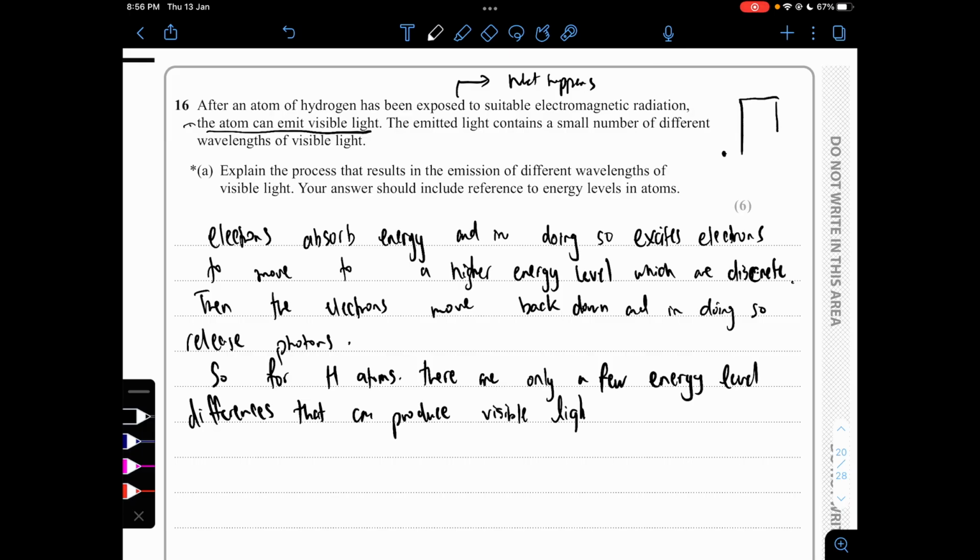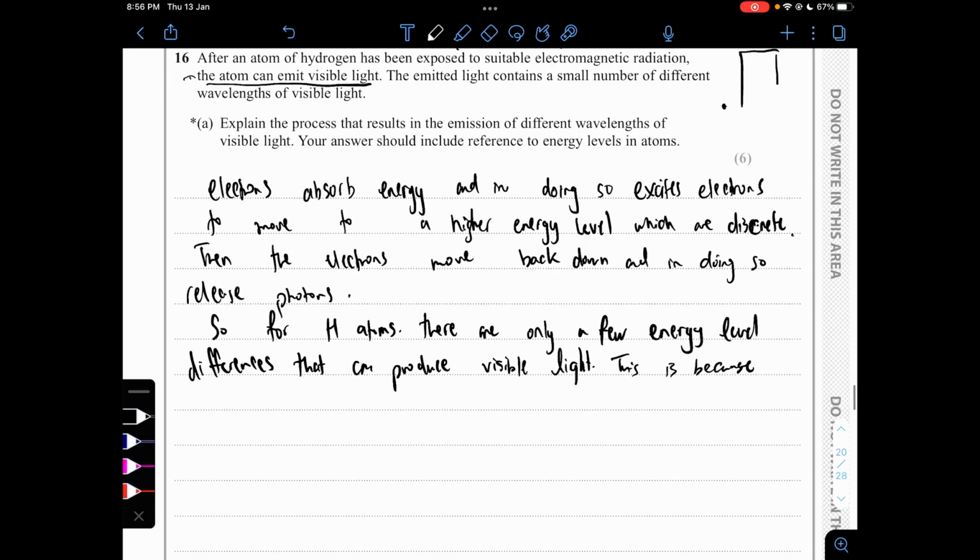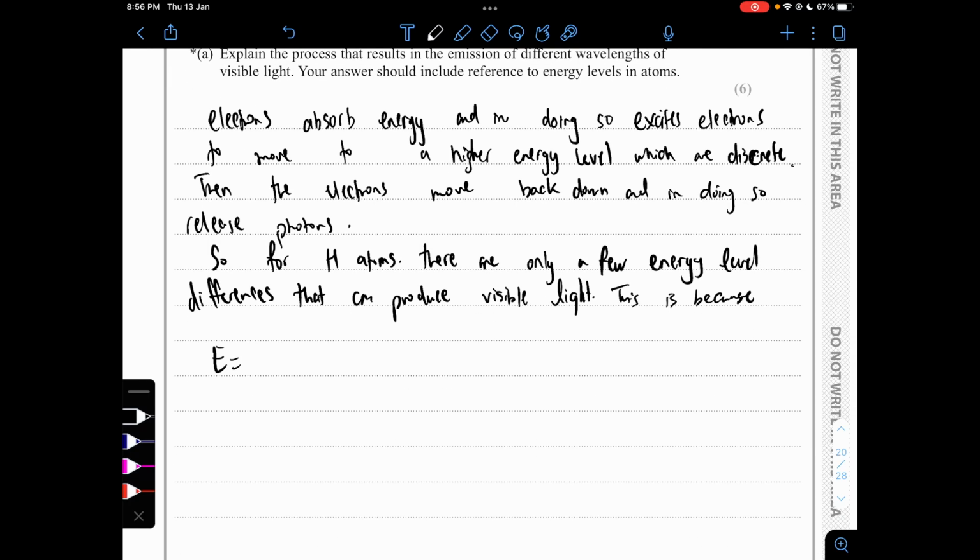Now, how do we produce this visible light? Is there an equation that links all of this together? There is one. We have our E equals hf, and we have v equals f lambda.